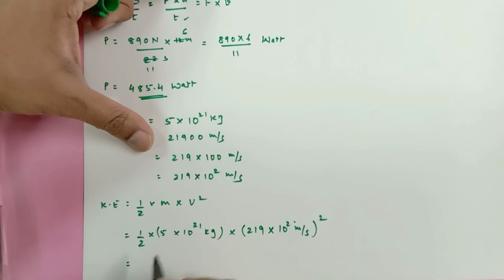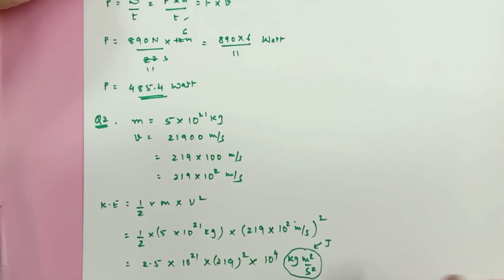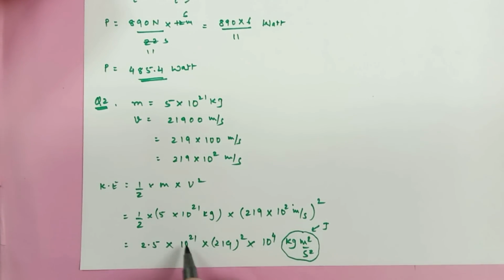Now 5 upon 2 is 2.5, multiplied by 10 raised to 21 multiplied by 219 the whole square, multiplied by 10 raised to 2 whole square, which is 10 raised to 4, and then kg meter square upon second square. We know this is joule because the SI unit of work or energy is joule. Right, people? Now if I multiply these two, if the bases are the same, the powers will get added up. So this will be 2.5 into 219 the whole square.